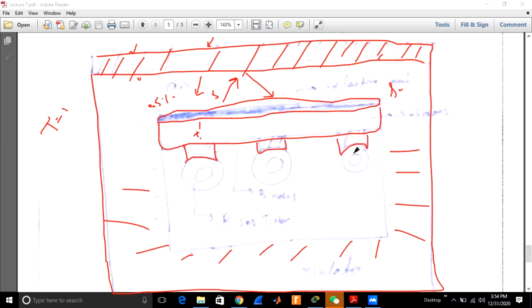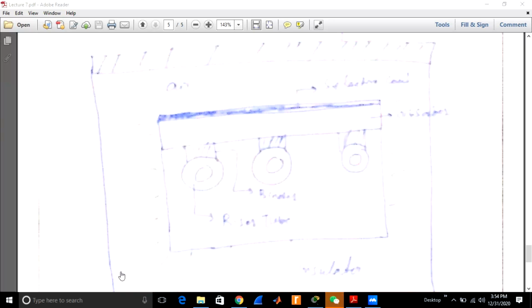To connect the riser tube and the plates, and they have high conductivity. The energy will flow from the plate toward the riser tube. And this is the riser tube in which the fluid will flow. So this is the entire structure of our collector.